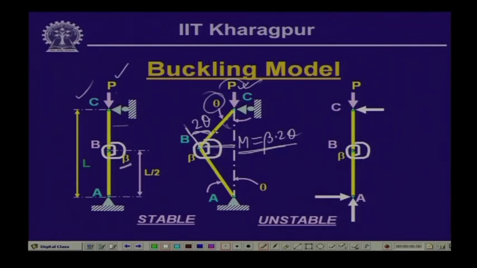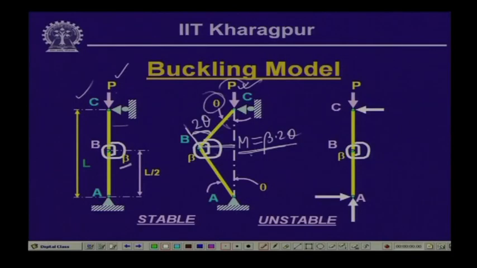Now, as you can see, the effect of the axial load which is trying to deform or buckle the member is opposite to the restoring moment that is being exerted by the rotational spring at point B. Now, this particular model you can compare with the previous example I was showing you, where you have a long member subjected to axial load. There the bending or the buckling is over the entire length of the member. Here the elasticity is introduced through the rotational spring only.